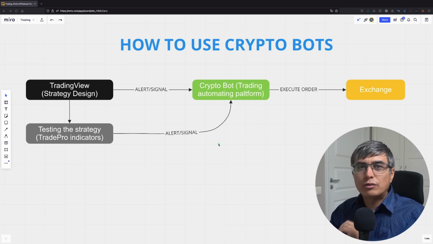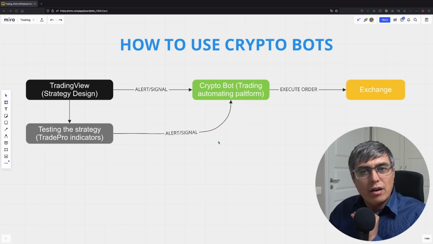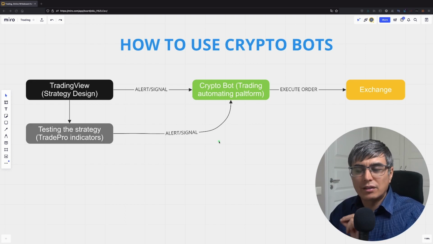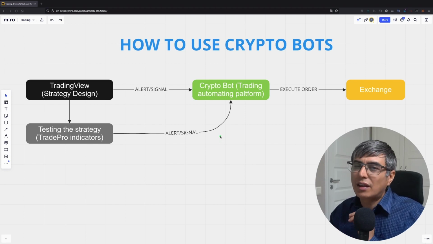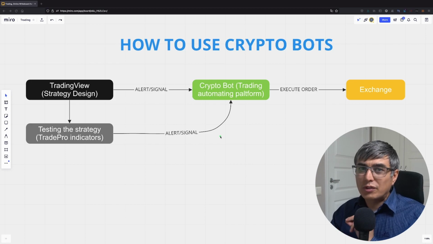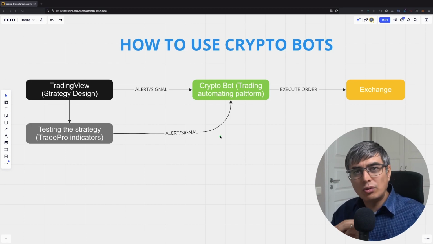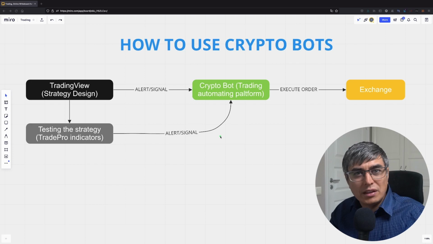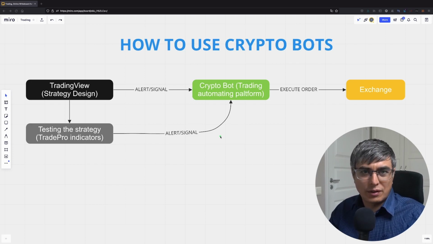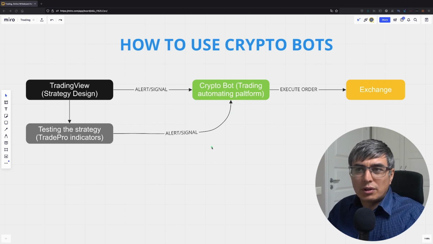Personally, I always try to use free products, but only if they are providing what I expect to get. Because, for example, there are some free bots that are not working as expected. So if you start putting money on those bots, you will lose money. And that's not good, because they will miss executing some alerts, which is the entire point of doing this, right? So it's very important to have that in mind.